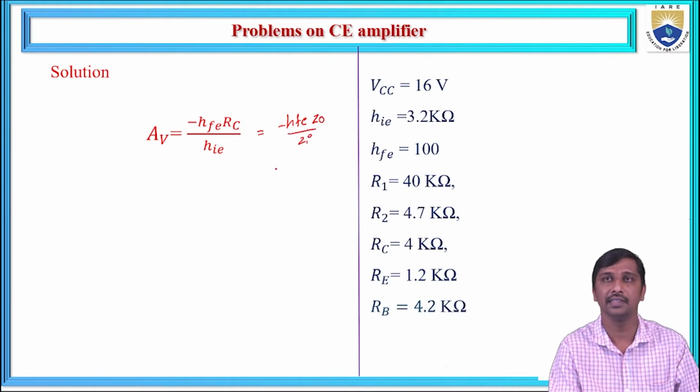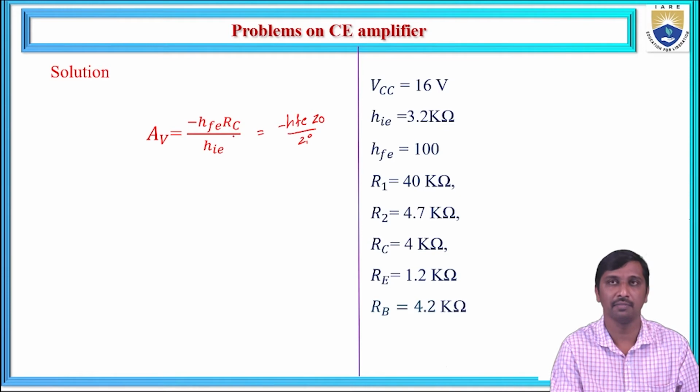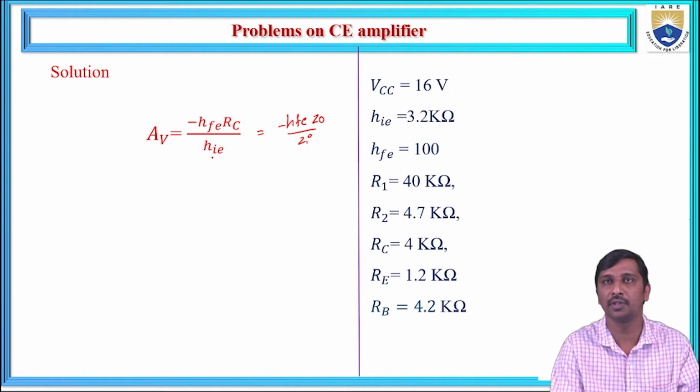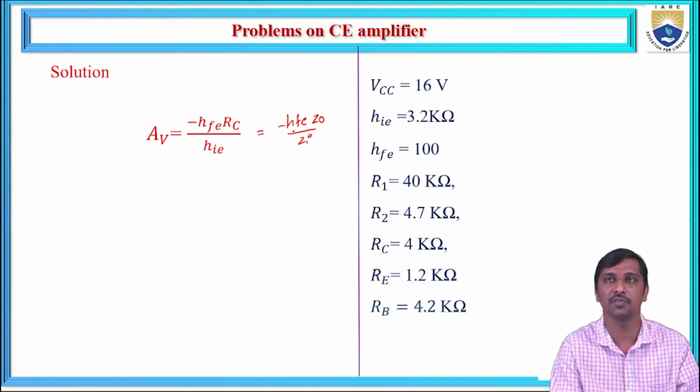Here RC is the collector resistance, HIE is the input impedance, and HFE is the DC forward gain. HFE is a known parameter, Z0 we observed, that is RC, and Zi we also observed. So now we are going to use these parameters.